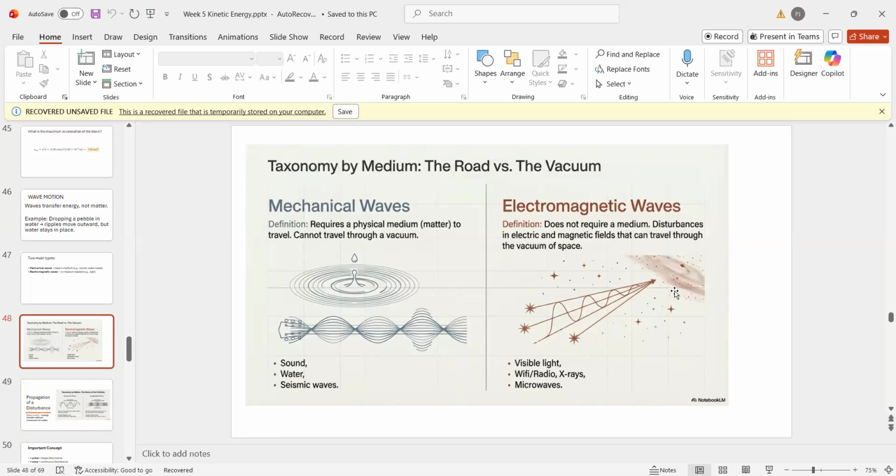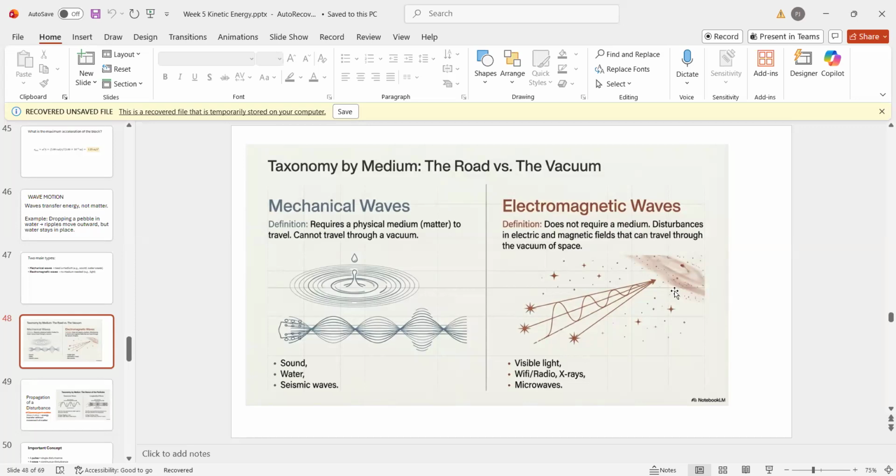No. But you could hear it. It travels. It doesn't need a medium to be transmitted. So X-rays, microwaves, all these need no medium for them to be transmitted. That's why you're able to make calls, you're able to get other things working for you. That's the requirement. So these are the types of waves that we have: mechanical waves and electromagnetic waves.